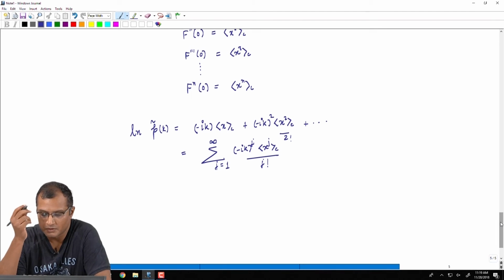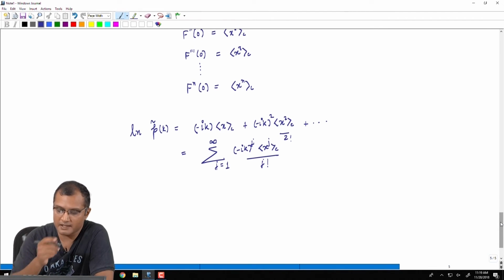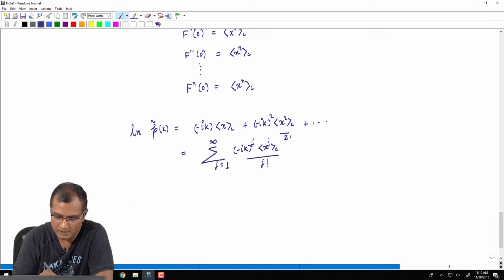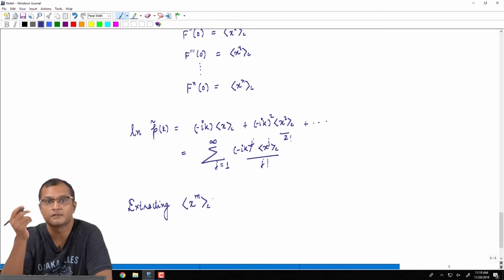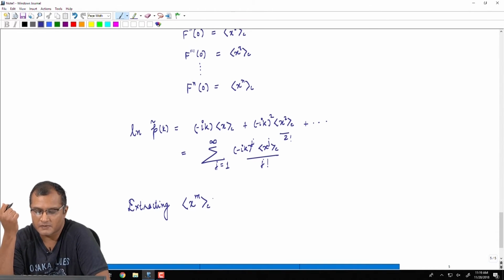Now we can see that I can extract any jth cumulant by simply taking derivatives of the appropriate order. So, extracting any mth cumulant here becomes extremely straightforward.